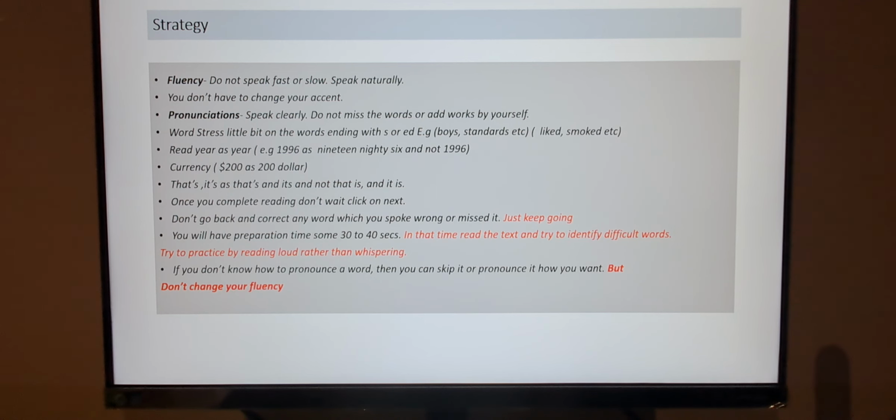You will have a preparation time of 30 to 40 seconds. In that time, guys, please read the text, and try to identify any difficult words which you think may be difficult for you to pronounce, right? Try to practice by reading it aloud rather than just whispering, because it's like a mock preparation that you are already doing before your actual prompt starts, so you would know where you would falter.